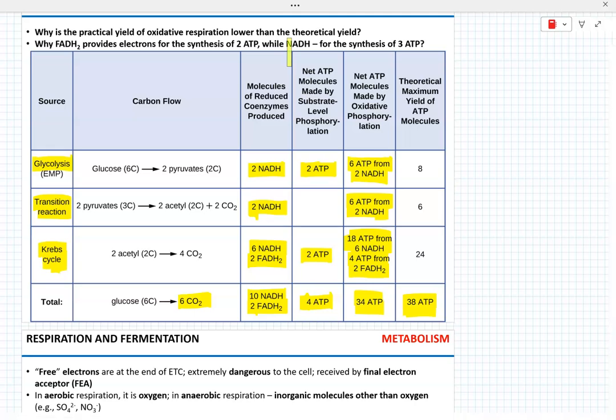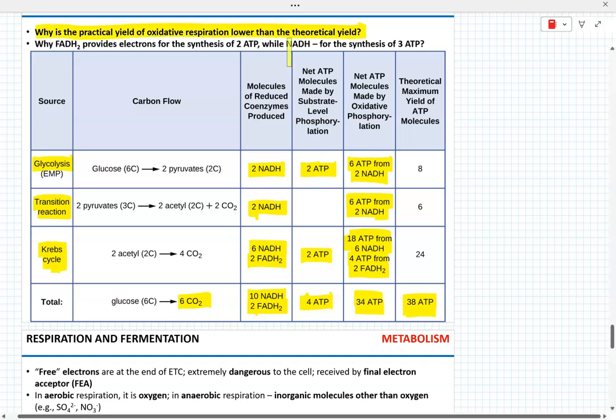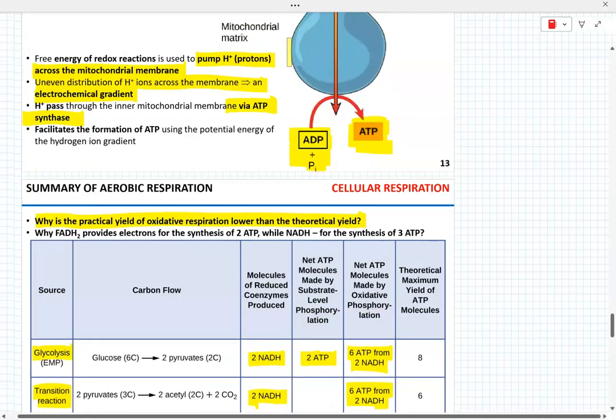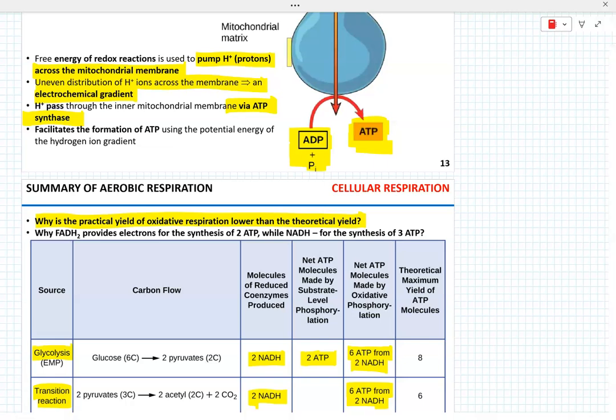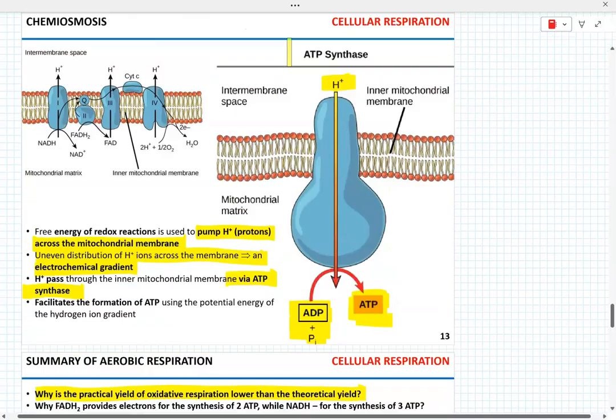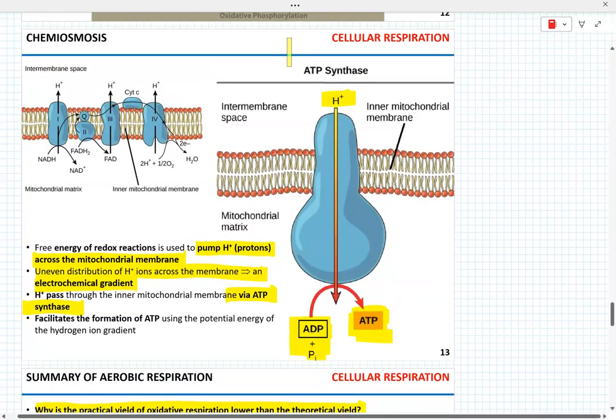Now we need to answer a couple of important questions. First, why is the practical yield lower than the theoretical yield? There are 2 reasons. One, transport of intermediates, such as pyruvate, from the cytoplasm to the mitochondria requires energy. And second, when we say that hydrogen ions cannot cross the membrane directly, it's not entirely true. The membrane is a little leaky for hydrogen ions.